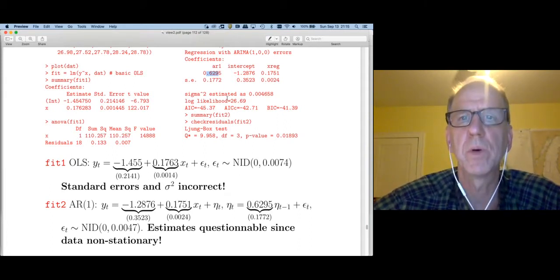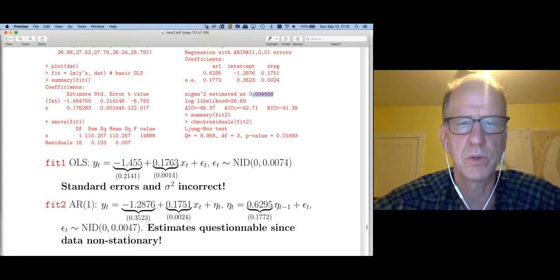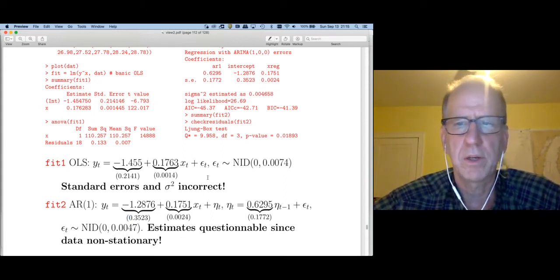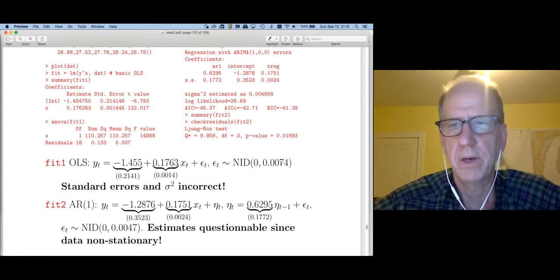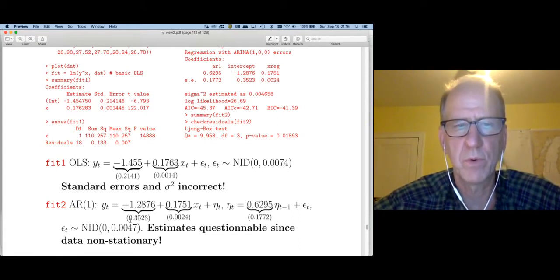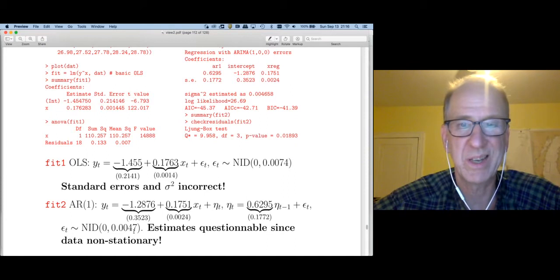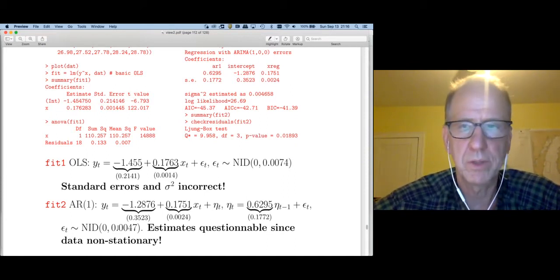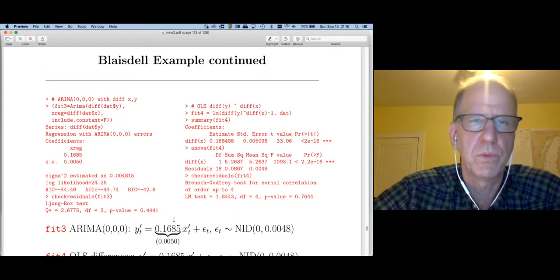And that new random noise is going to have an estimated variance of 0.0047, which I'm going to just write here. Notice we have quite different errors, so 0.0074 versus 0.0047. So it looks like the variance of our epsilons is much smaller than what we had with OLS, and our standard errors are much larger. Let's go do this the right way.